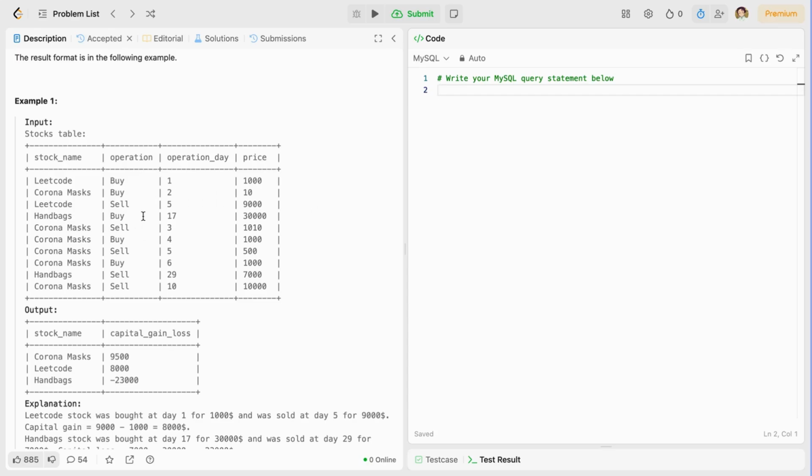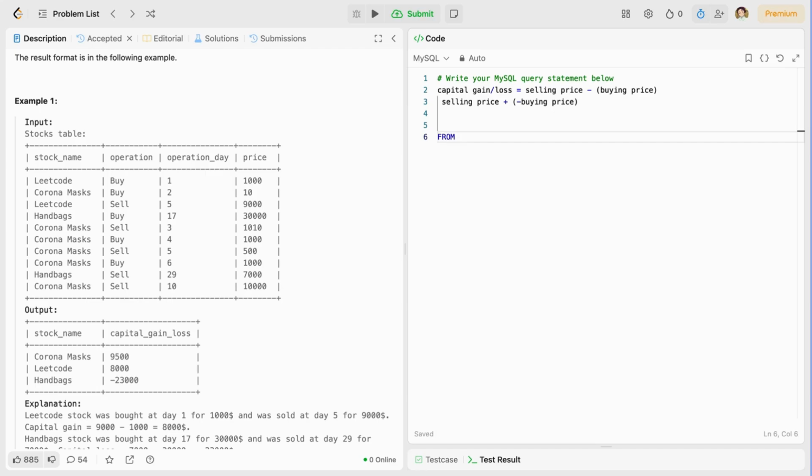And whenever the operation is buying, we're going to multiply it with -1, so that we can apply this formula, which is capital gain or loss equal to selling price minus the buying price, which is also equal to selling price plus minus the buying price. So we are going to use this. How are we going to write it? Let me start writing it.